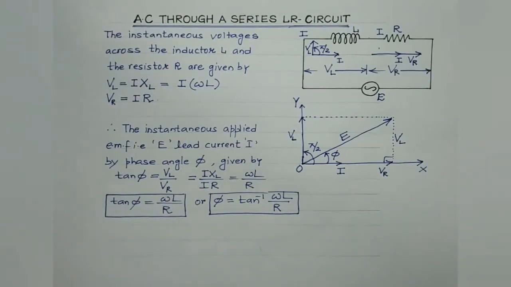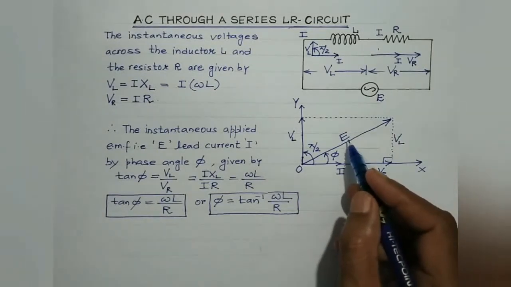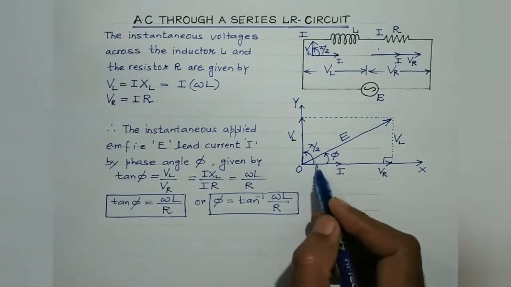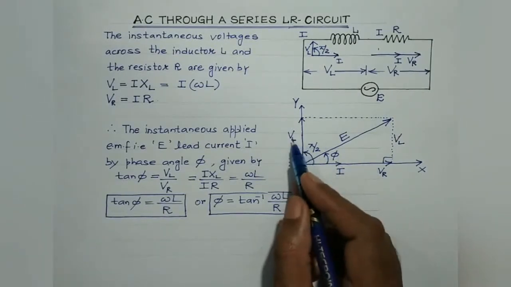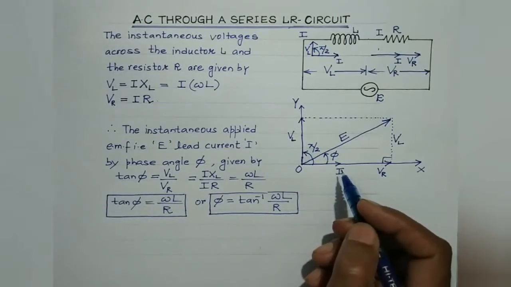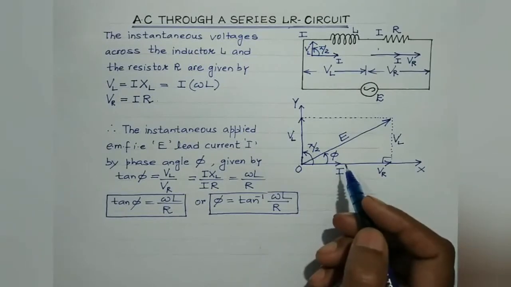Now students, let us find out the expression for the current, right? Since I have told you E is the vector resultant of VL and VR, right? And VL, VR, the angle between them is 90 degrees. So when the two vectors are inclined at an angle of 90 degrees, then the resultant is given by square root of a square plus b square, isn't it? If a and b represent the two adjacent sides of a parallelogram.